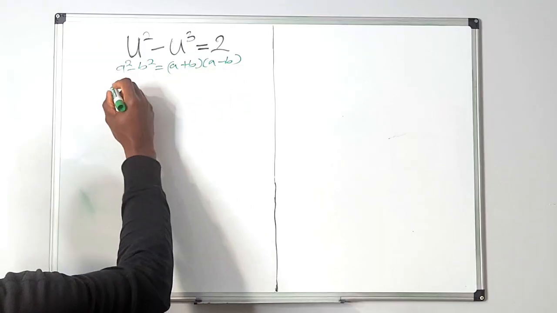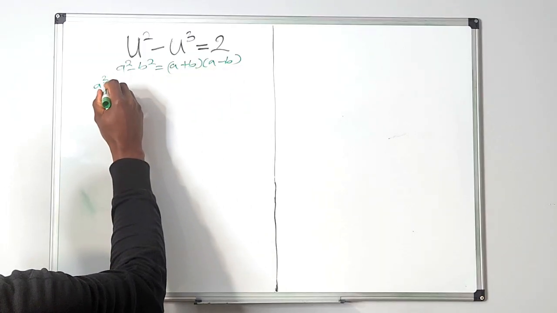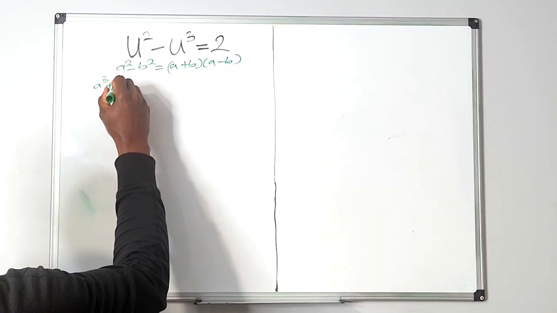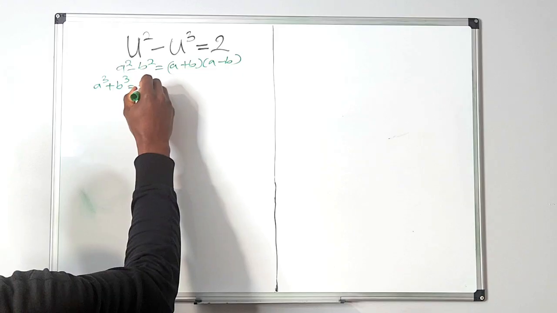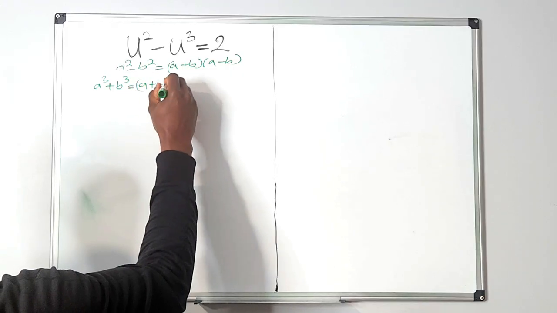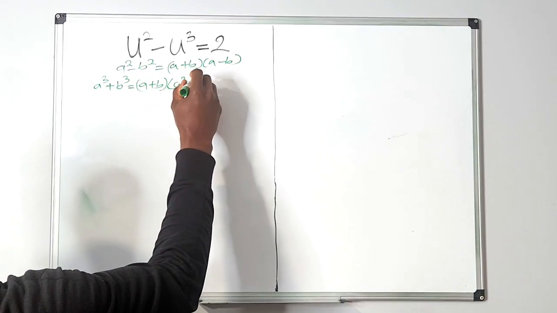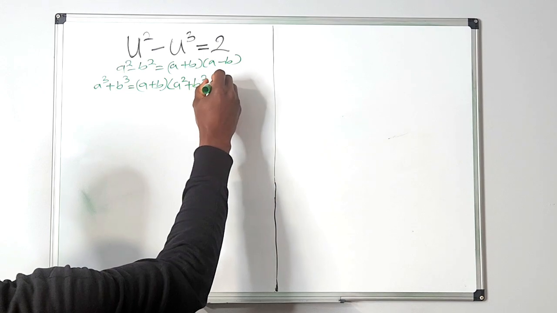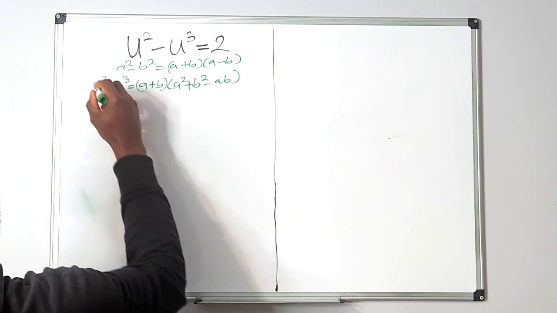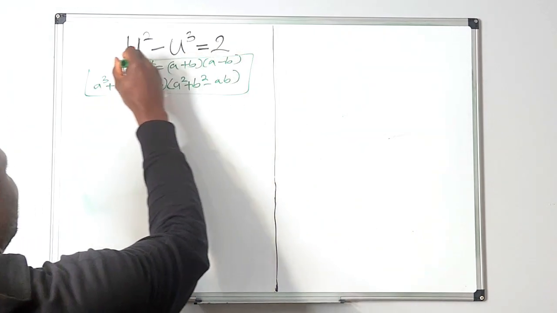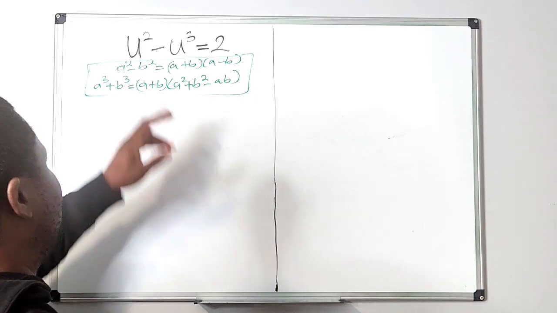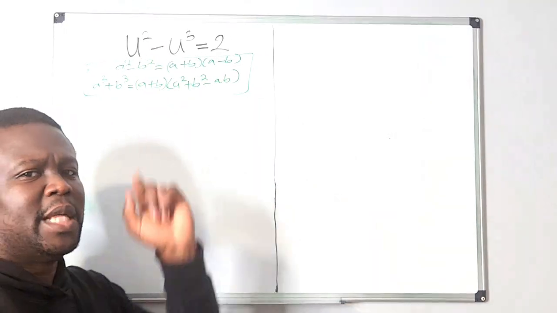And also a cubed plus b cubed will give us a plus b into a squared plus b squared minus ab. So these are the equations that are going to help us solve that question.